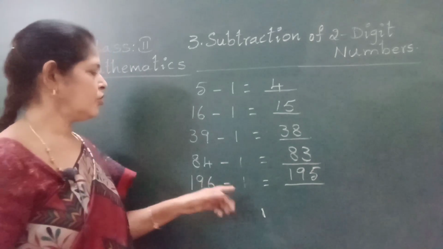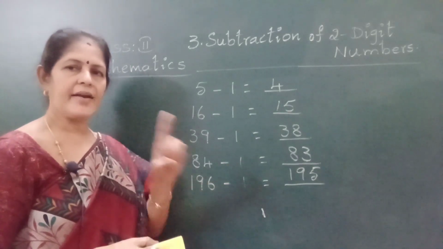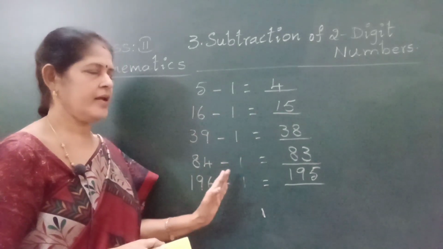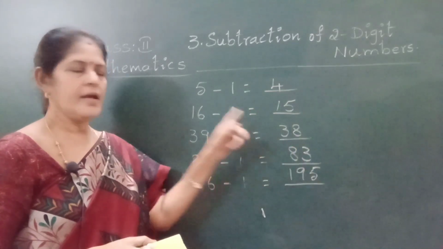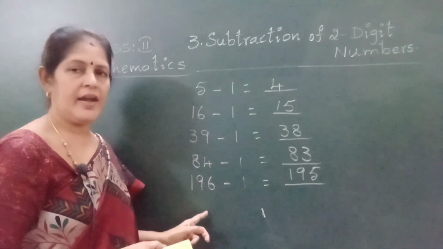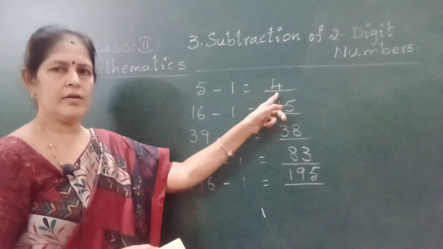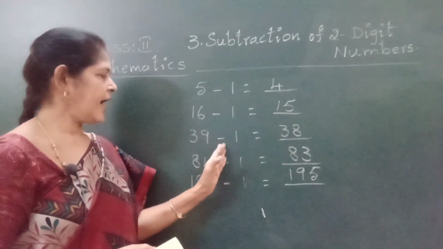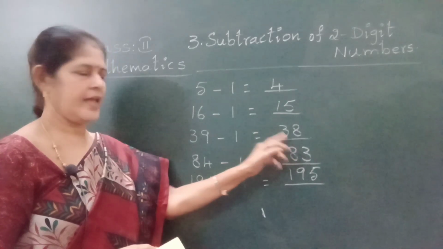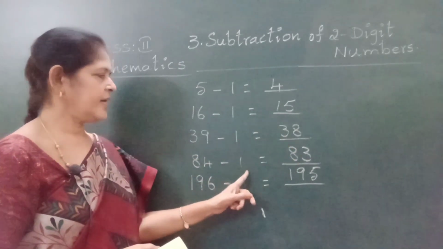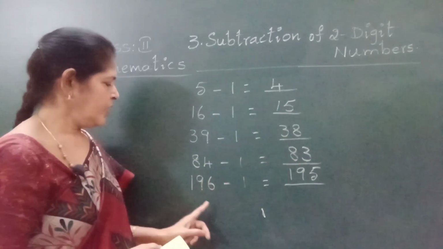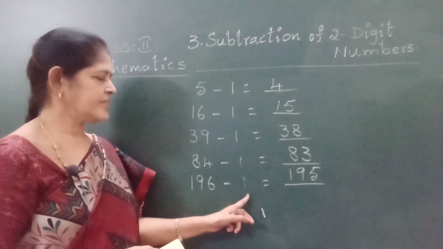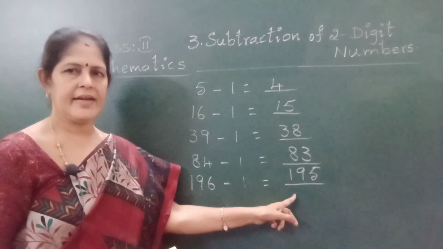Here the rule is, when we subtract 1 from a number, the difference is the before number of the given number. 5 before 4. 16 before 15. 39 minus 1, 38. 84 minus 1, 83. 196 minus 1, 195.